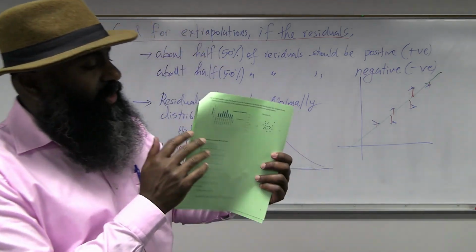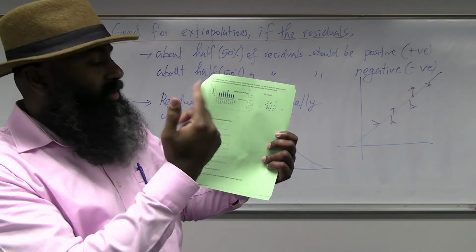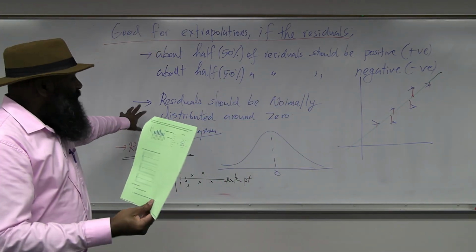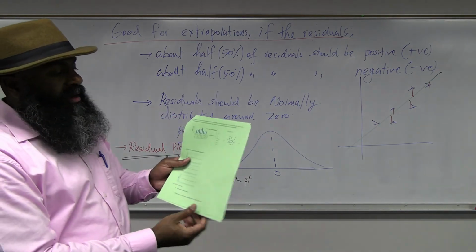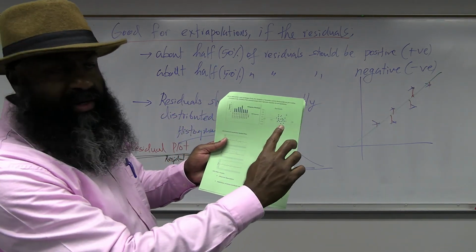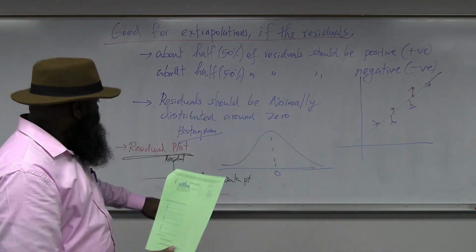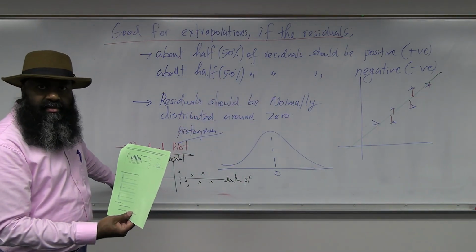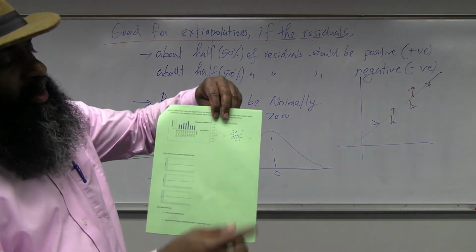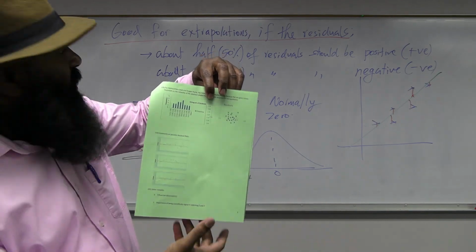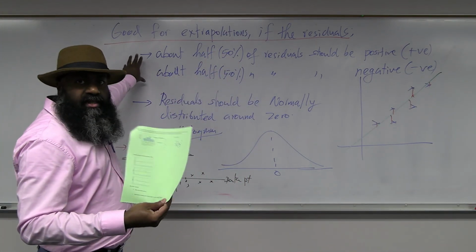If you see this histogram as a normal histogram around 0, well, you can say it satisfies this second condition. And if you see the residual plot does not have any specific identifiable pattern, then we can say it also satisfies the third condition. And also if you see about half of the residuals are positive and about half of the residuals are negative, then it also satisfies the first condition.